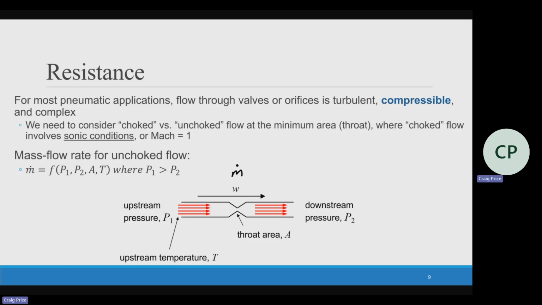But if P2 over P1 is less than or equal to the critical pressure ratio, then I see more of a difference. And so it's 50% or less. And so at that point, I actually get a pretty nice constant flow. You see the equation, if the temperature is constant, this actually just becomes a constant value. And so my mass flow rate is constant. It's choked flow. And I'll give you some graphs here that kind of help with this. But everything comes down to the critical pressure ratio.